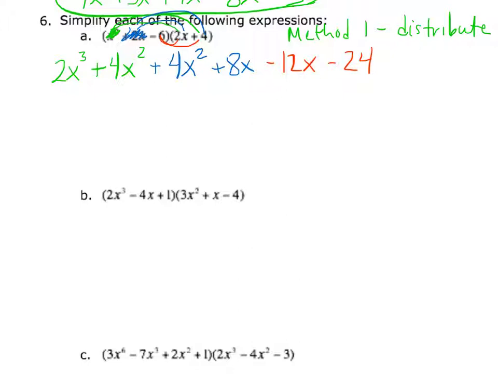Once you've gotten to this point, it's a matter of combining like terms. So that's the highest exponent, so 2x to the 3rd can't combine with anything. Positive 4x squared and positive 4x squared is positive 8x squared.